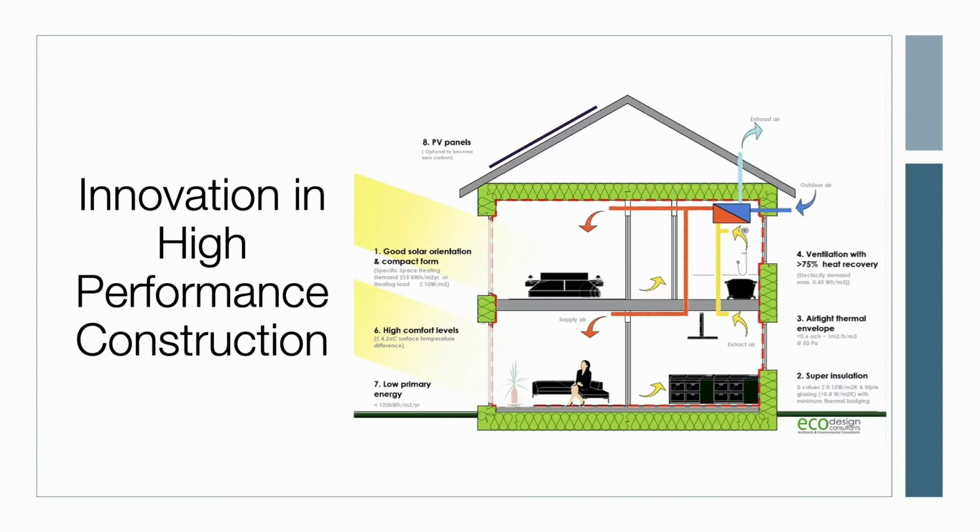Now, if we look at the evolution of what's gone on, we see that things like thermal insulation have changed the way in which buildings perform. Lack of heat loss or heat flow in the building assembly, which is caused by increased insulation, allows us to change the way in which this energy flows.